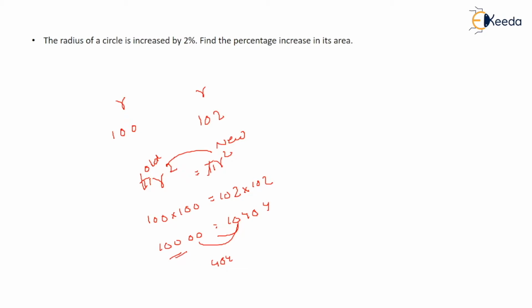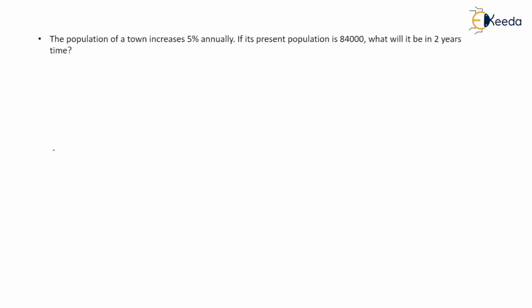And with reference to what? Earlier one. So you have to simply divide 404 by 10,000. You will get the percentage when you multiply it by 100. After doing this, you will get the percentage change, that is 4.04%. Simple.